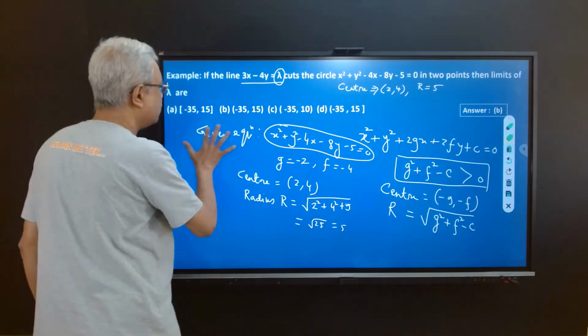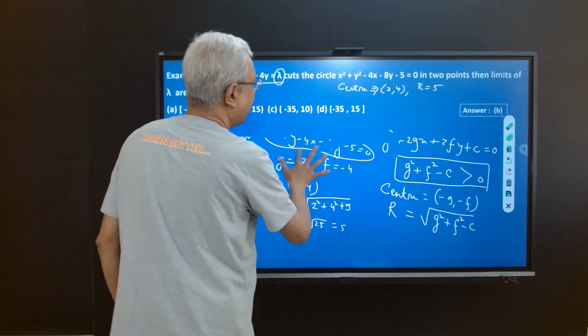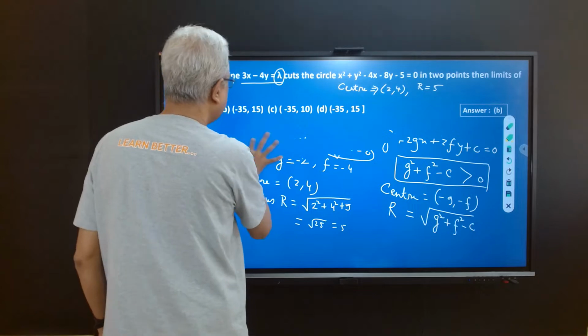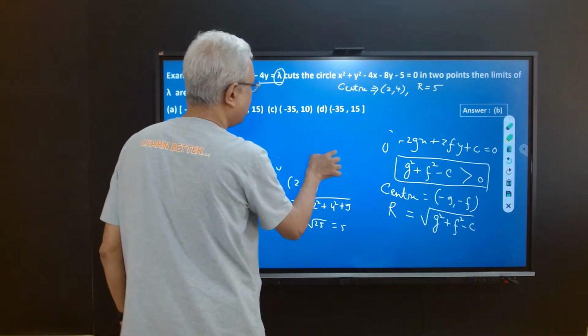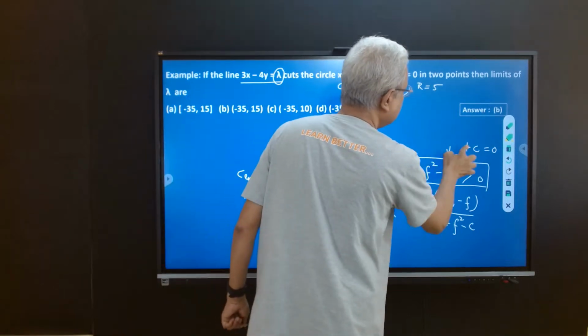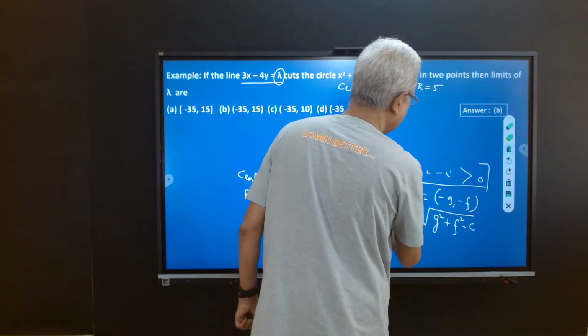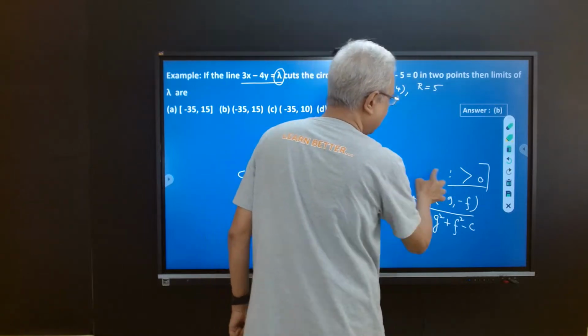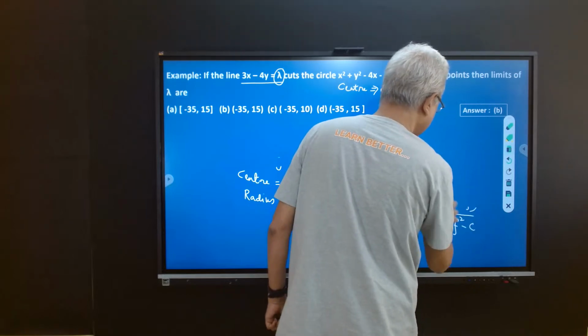Now, what is the perpendicular distance of the line? If a perpendicular is dropped from the center on the given line, then what is the perpendicular distance? We have already told you this in your straight line classes, and I am sure you know that we have solved many problems on that.